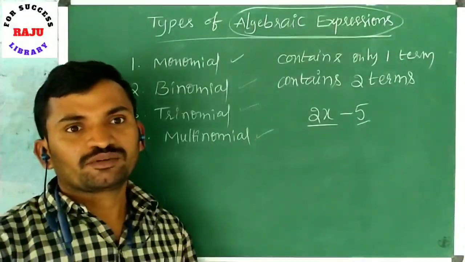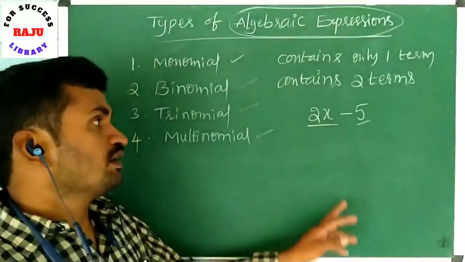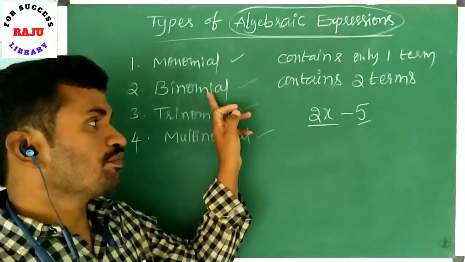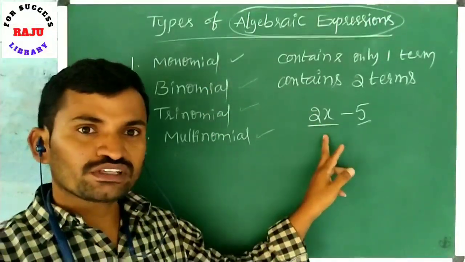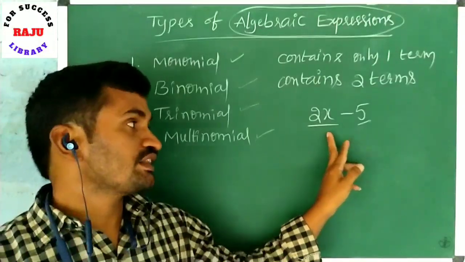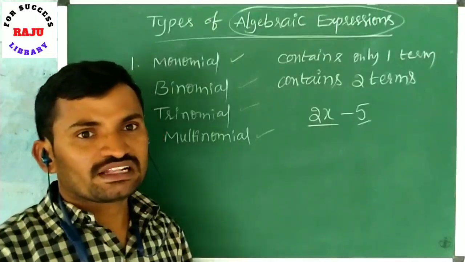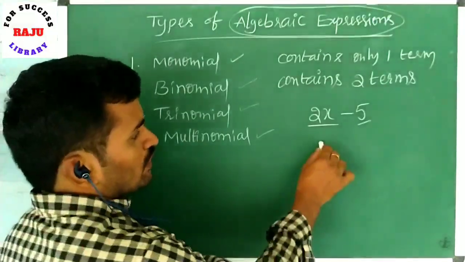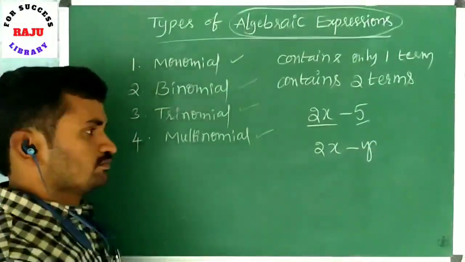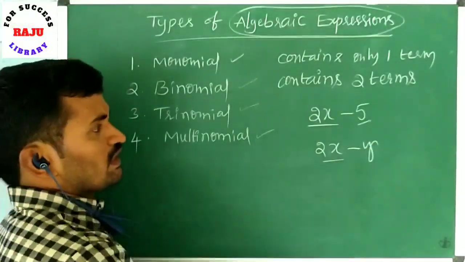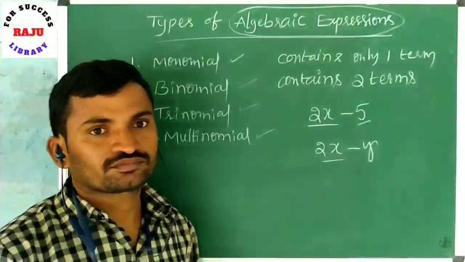Whatever it may be, numerical term or algebraic term. Here, a binomial must contain at least one algebraic term. 2x is an algebraic term, and for the second you can take your choice, whether numerical or algebraic. If you want to take both algebraic terms, you can take 2x minus y. Here 2x is one term, y is another term.